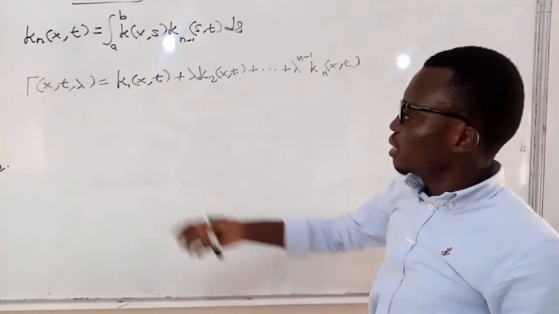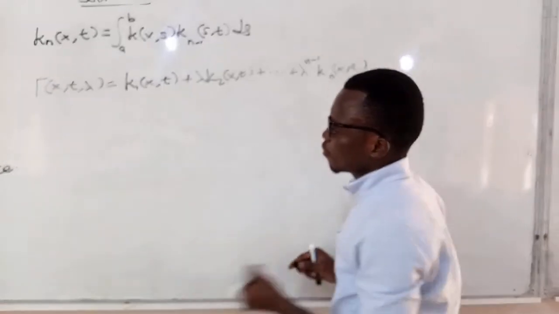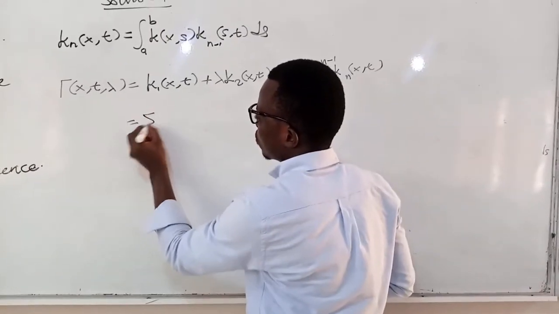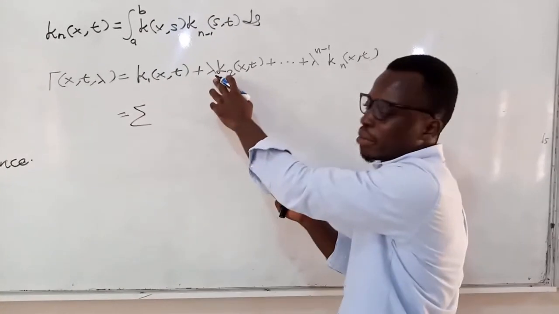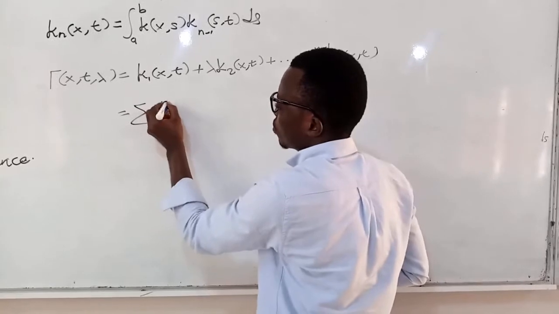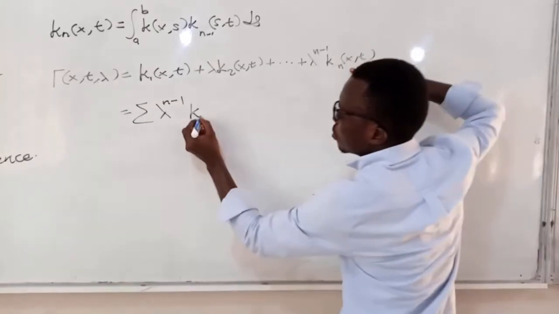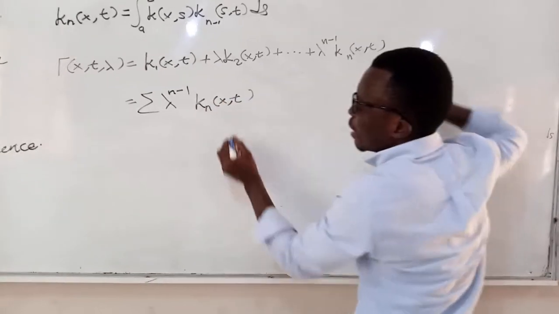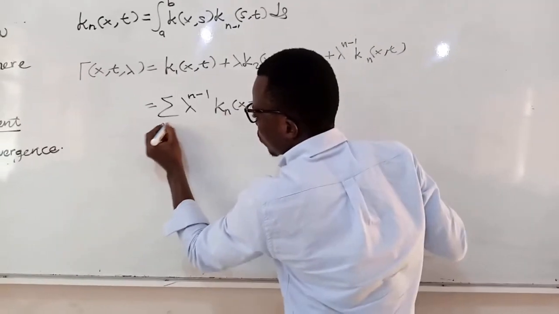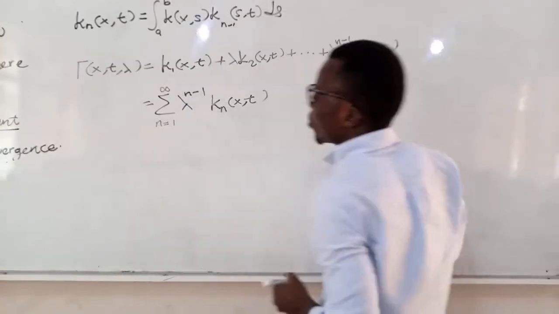You can easily see that this is the same as the summation of lambda^(n-1) K_n of s,t, where n starts from 1 to infinity.